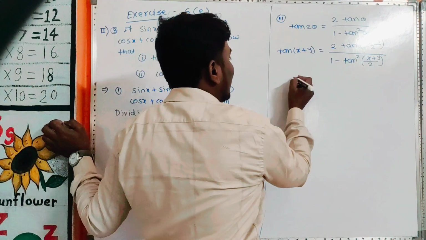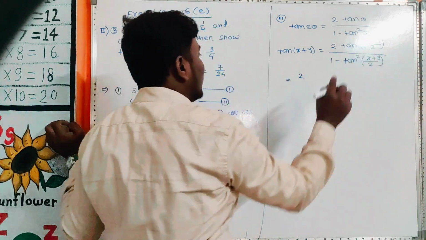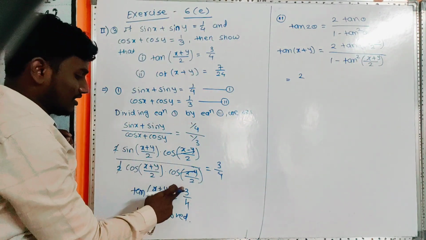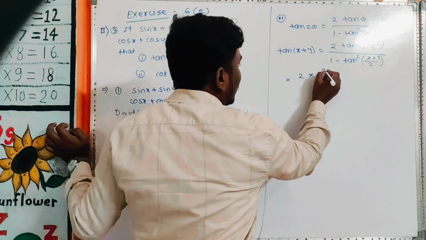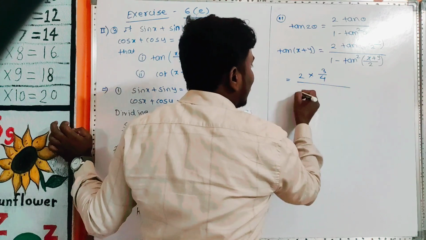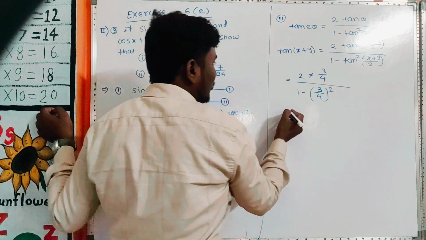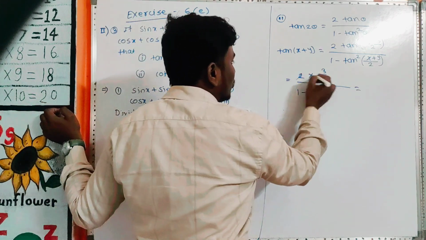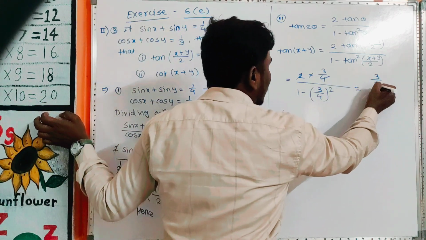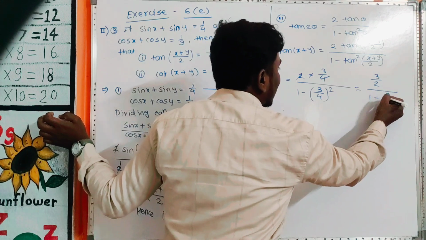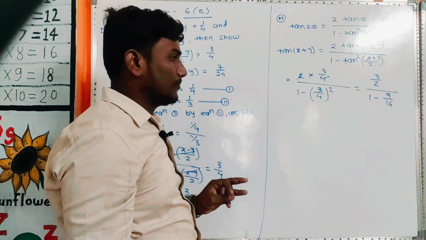Now we substitute the value of tan((x+y)/2). What is the value of that? 3/4. So 2 into 3/4 divided by 1 - (3/4)². What do we get? The 2 into 2 cancels, giving 3/2 divided by 1 - 9/16. Is it clear?